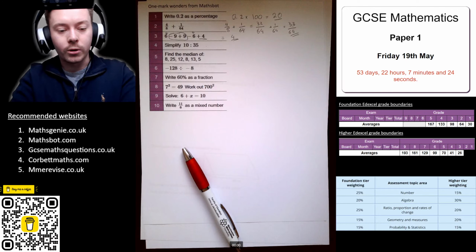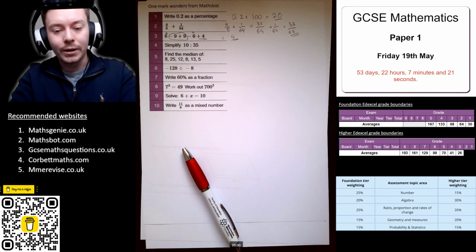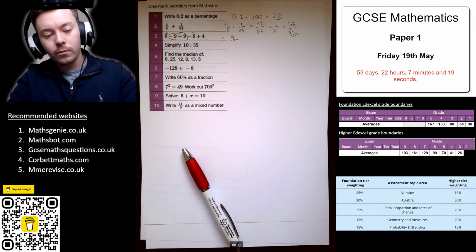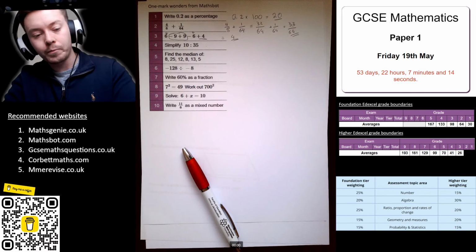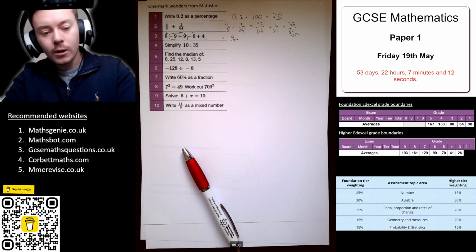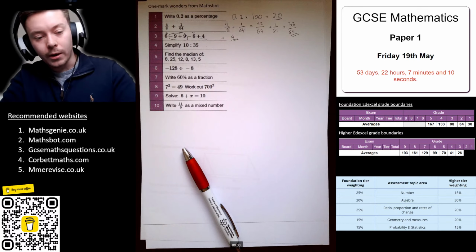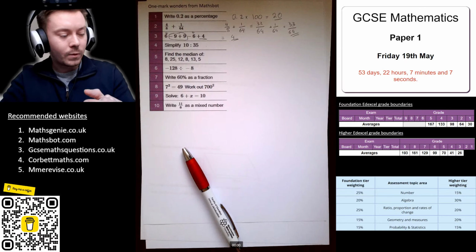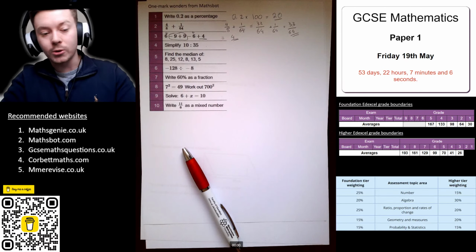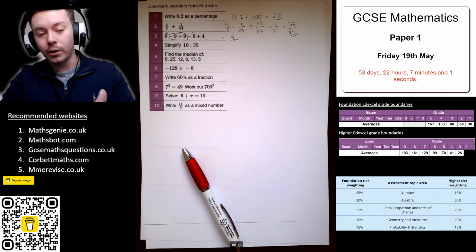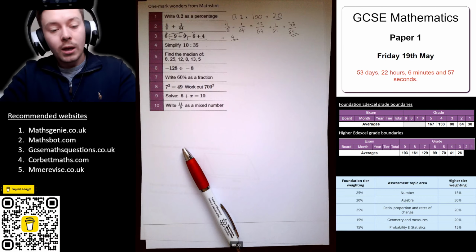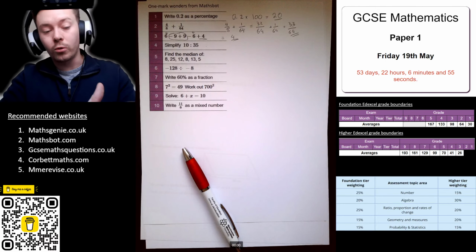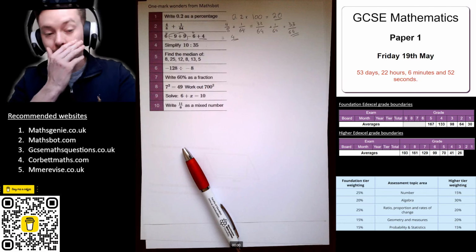Okay, next question. Negative 128 divided by negative 8. Now, if you have a negative divided by a negative, the answer is going to be positive. You can see that by basically pattern spotting. There's a great thing on MathSpot which will demonstrate that. Again, MathSpot's a brilliant website, so go and have a look at that if you're interested, and if you're still not convinced that a negative divided by a negative is a positive.